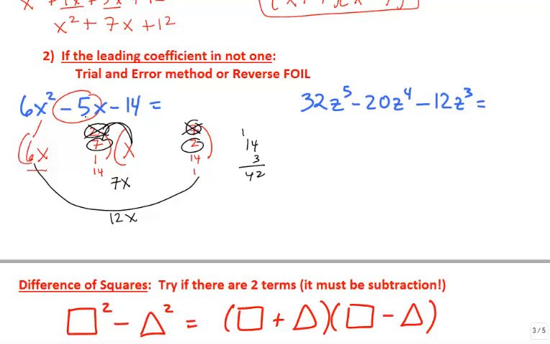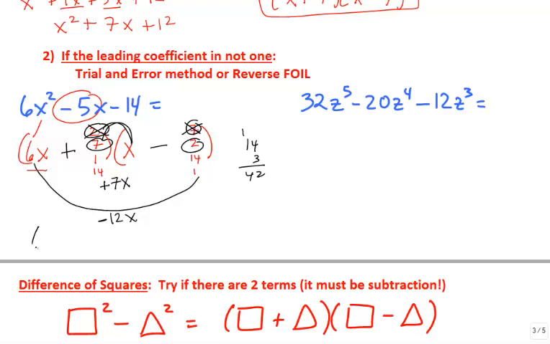Now I want a -5, so I need the 12 to be negative, and the 12 comes from this 6x, which I've already said is positive, times this 2. So in order to make this be a -12, I need this to be a -2. And I want the 7x to be positive, so I want to put a plus sign in front of the 7.